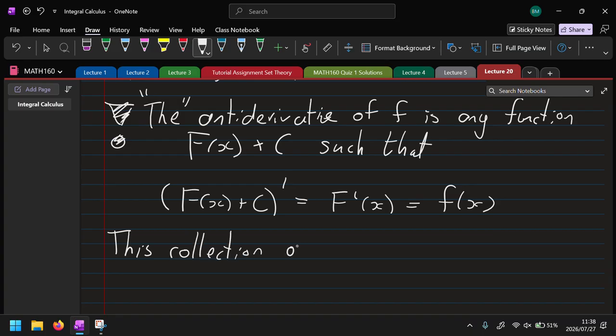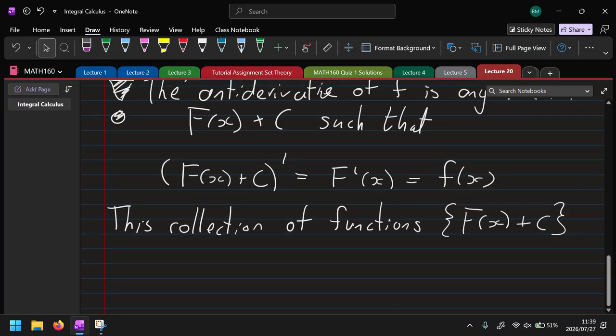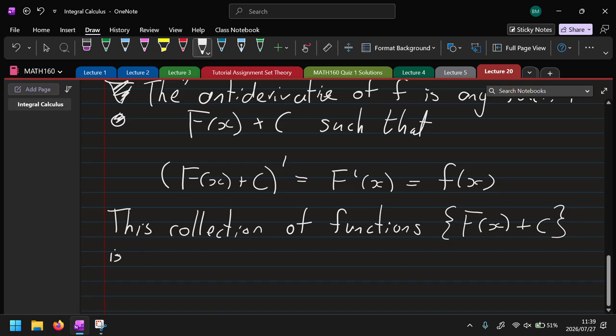So this collection of functions, F of x plus c, a whole set of functions where any c gives another antiderivative, is called a family of antiderivatives.